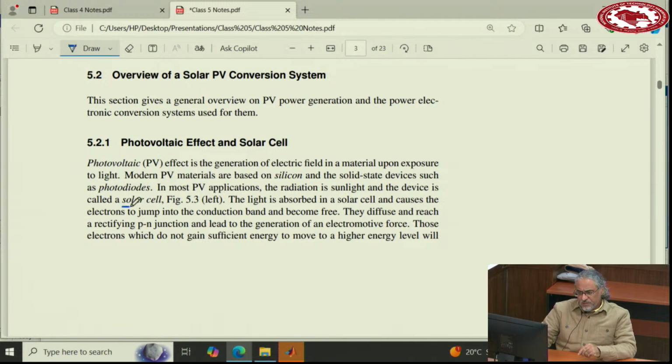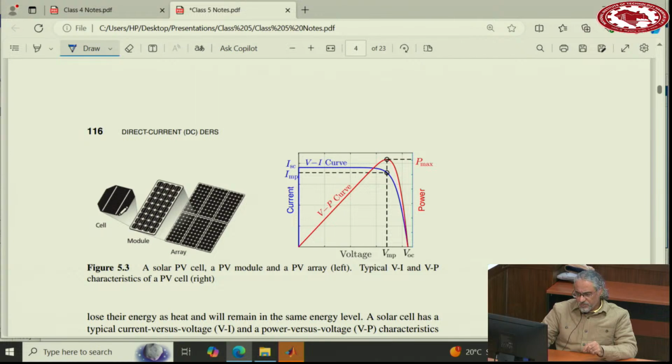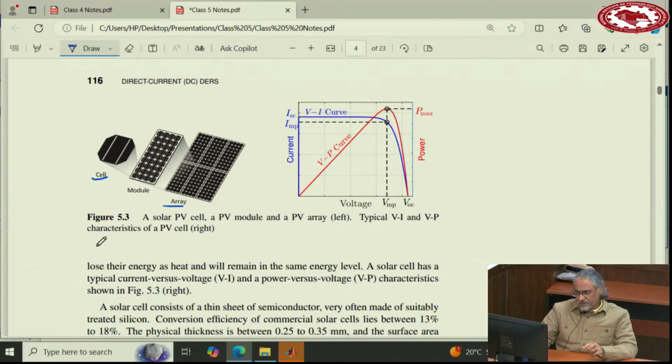Solar cells are really the core blocks that generate solar energy. So these are typically this type of thing. So the small solar cell here is, and then you put solar cells together and then generate a module, and then put the modules together and you can generate an array of solar cells.